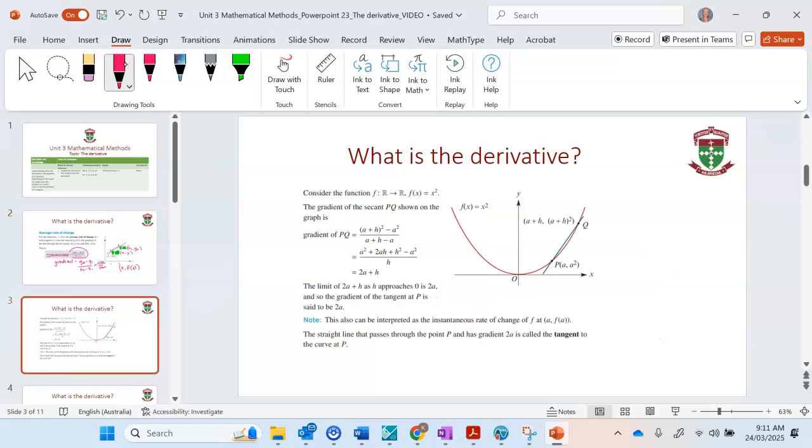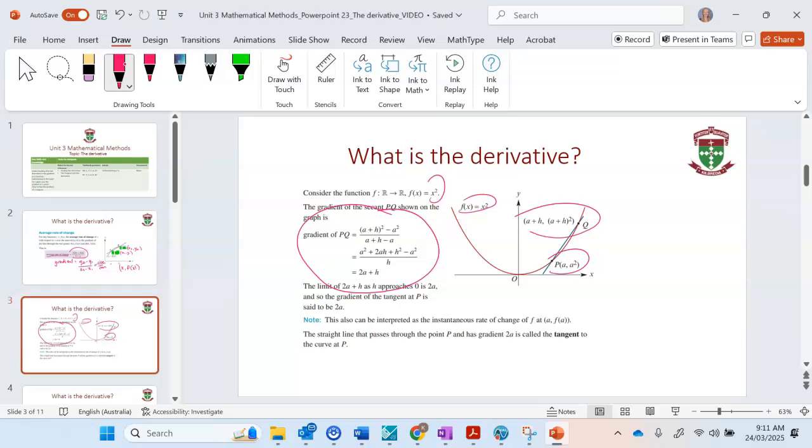All right, so let's have a look now at this business here. And I've got a diagram on Desmos which explains it quite well. So we've got a parabola, it's x squared, and we've got points P and Q. P is at a and a squared, because when you substitute a into your function, you get a squared.